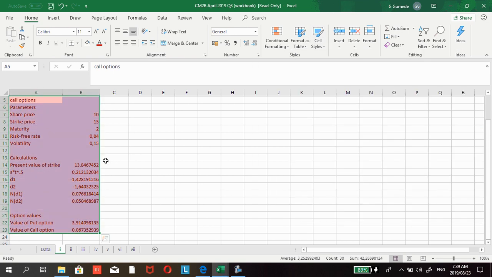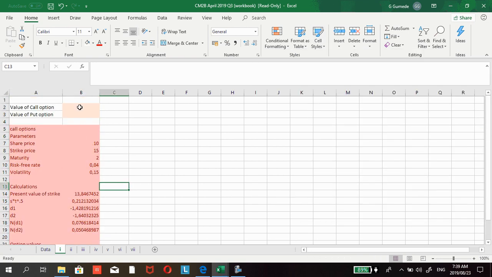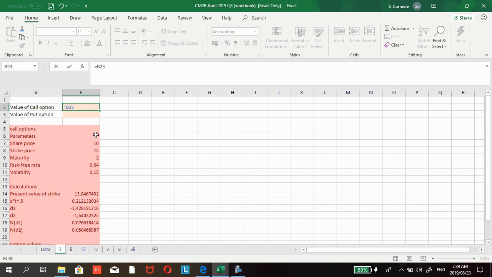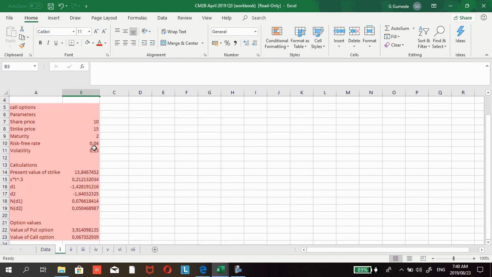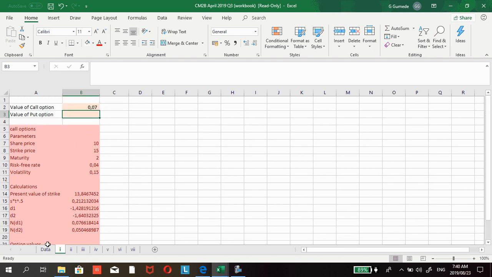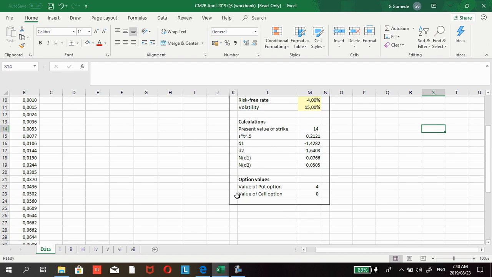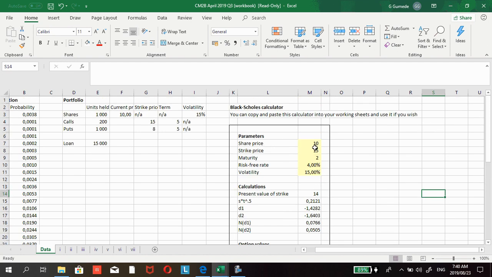I'm going to highlight this so that I won't get confused, because I'm still going to perform calculations of the put option. I'm going to press enter there. So I'm going to get 0.07 for the call option, and now I'm going to calculate the value of the put option using this calculator.